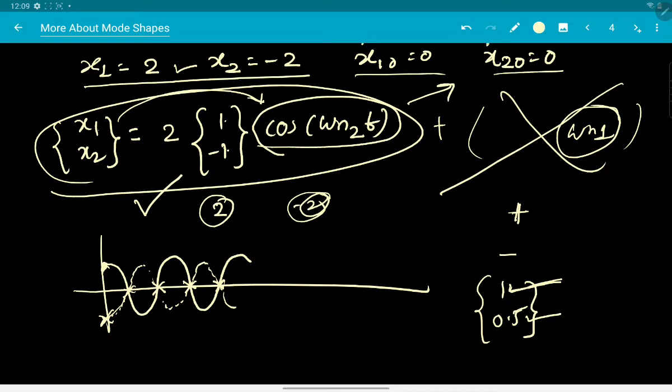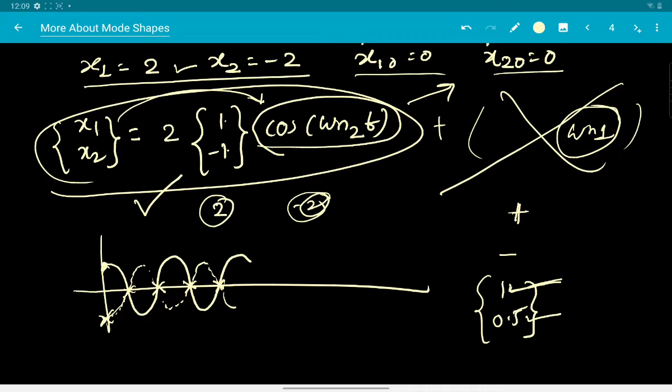But one very important aspect you need to appreciate here is that if you give initial conditions which match the mode shapes, then your system vibrates in harmonic motion, and the motion of mass block 1 and mass block 2 is synchronous.